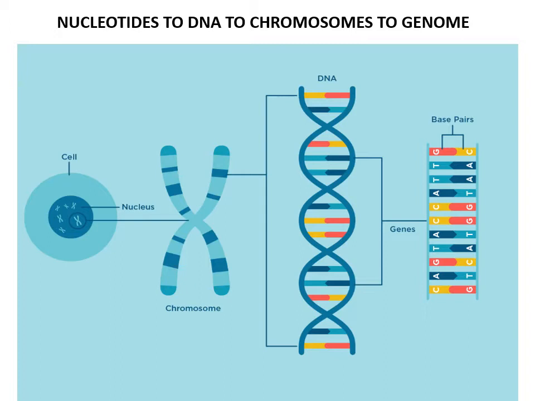Okay? So let's go to the right side. Let's look at base pairs. So base pairs are the building blocks of DNA. Okay? And they're made up of guanine, which is a nucleotide, cytosine, thymine, and adenine.